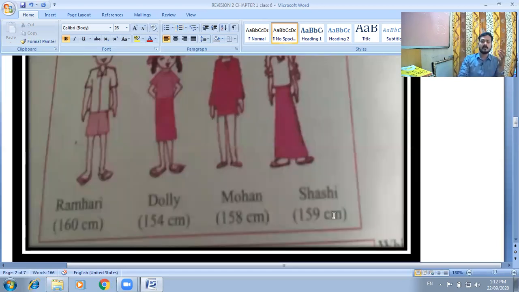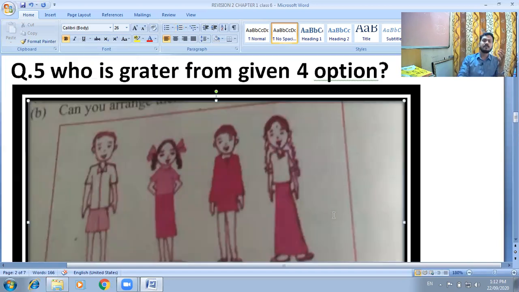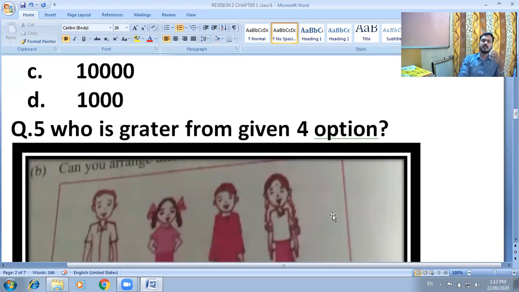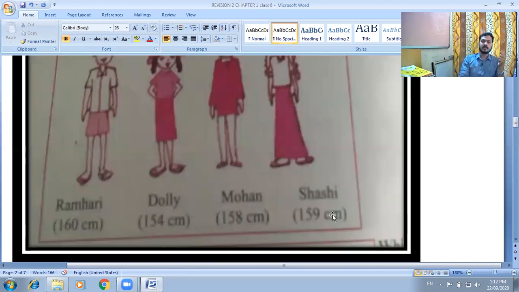Okay. Next, question number 5. Who is greater from the given 4 options? On the given figure, everyone first carefully observe the figure of 4 persons. Ram, Hari, Dolly, Mohan, Sasi.